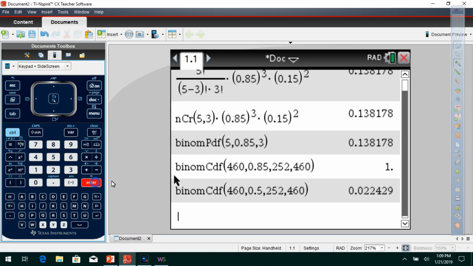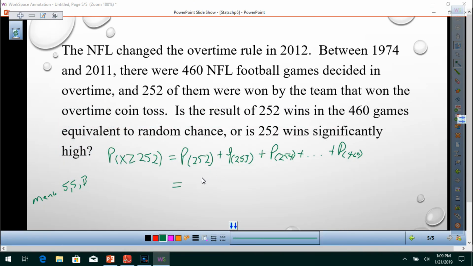So 0.0224. Now, is that significantly high? Well, we go back to our test.